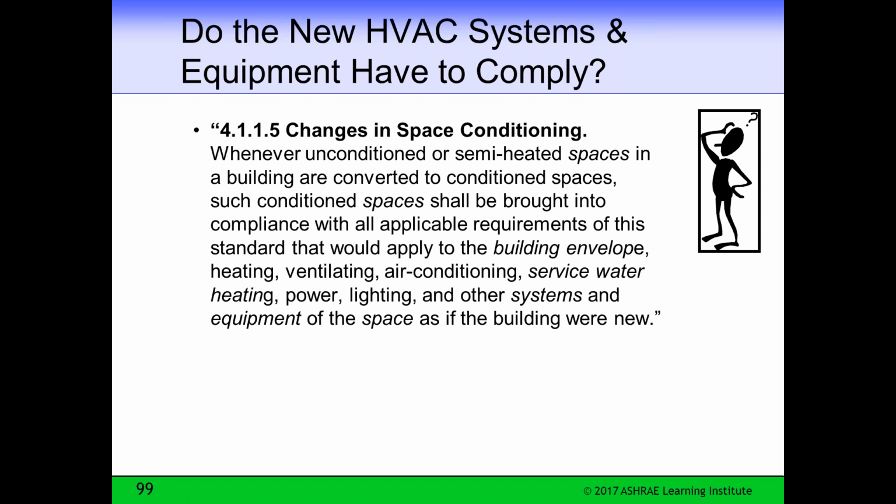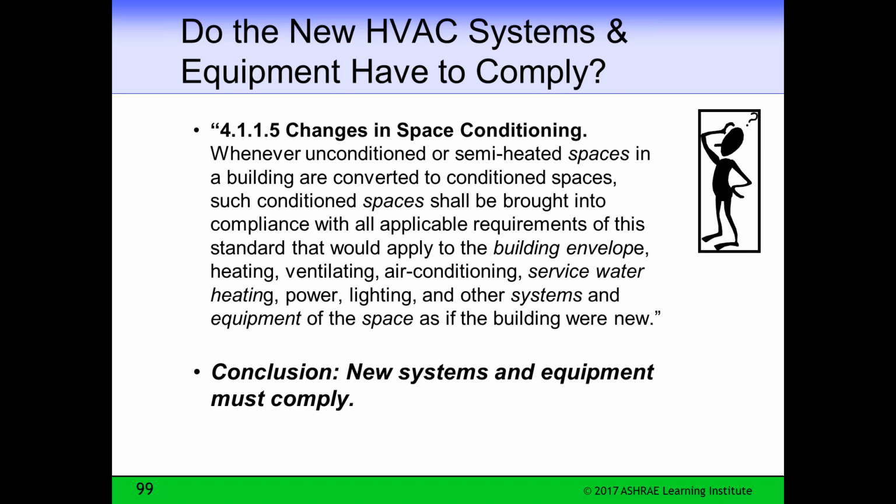Whenever there is a change in space conditioning, whenever unconditioned or semi-heated spaces in a building are converted to conditioned spaces, such conditioned spaces shall be brought into compliance with all the requirements of this standard that would apply to the building envelope, heating, ventilation, air conditioning, service water heating, power, lighting, and other systems and equipment as if the space were new.